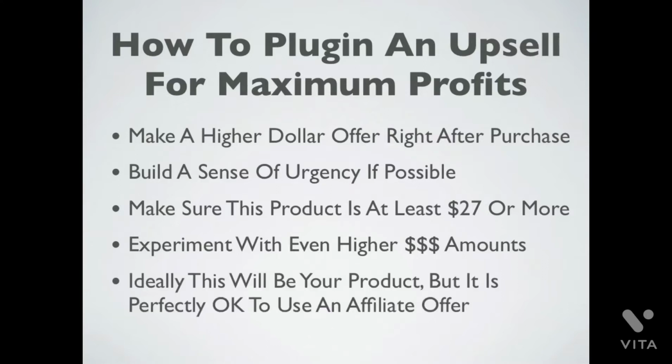Ideally, this will be your own product, but it is perfectly okay to use an affiliate offer if you don't have a high enough dollar product yet. When you're first starting, chances are you're going to put all your effort into creating just one product. So coming up with a higher dollar product might seem daunting, but in reality, you can use affiliate offers.